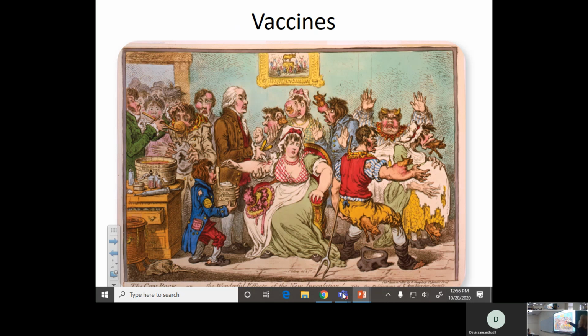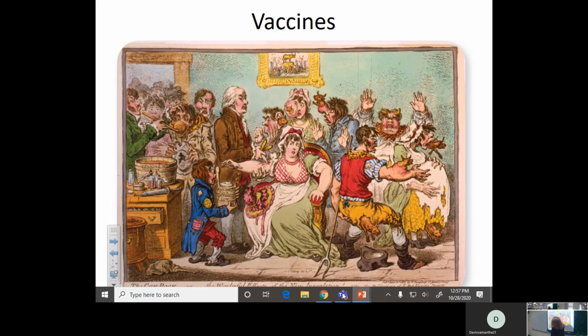So the rest of the time, I want to focus on just artificial active, which is vaccination. This is an old school picture from the early days that vaccines were ever developed, and it's a propaganda against smallpox vaccination. So here's a lady getting an early vaccine against smallpox.